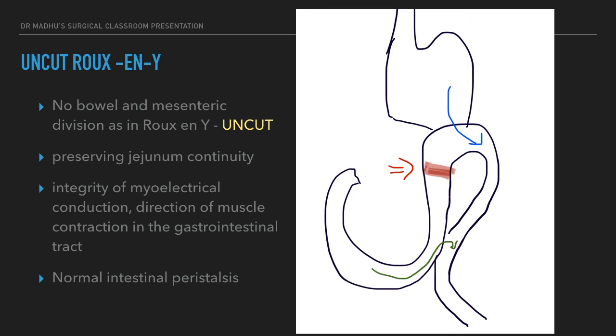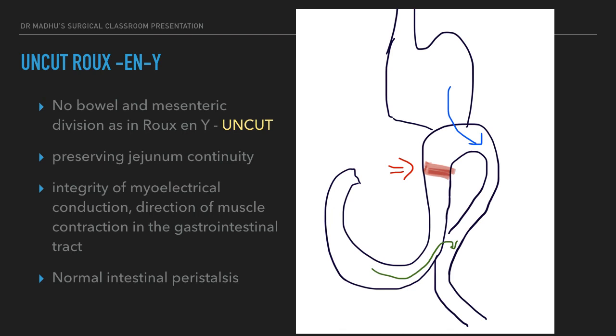Now, when we divide the jejunum, this also interrupts the myoelectrical continuity of the gut. So, this can result in a change in the direction of muscle contraction, and that can impair the normal intestinal peristalsis. So, this can result in an aperistaltic Roux limb and thereby a delayed gastric emptying kind of picture, what is called a Roux stasis syndrome.